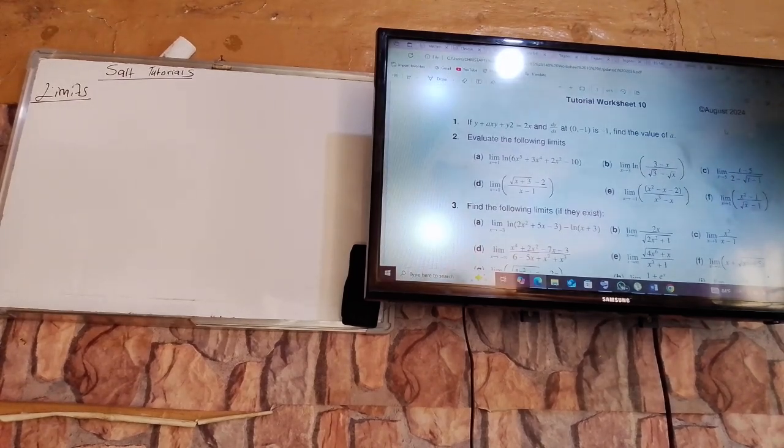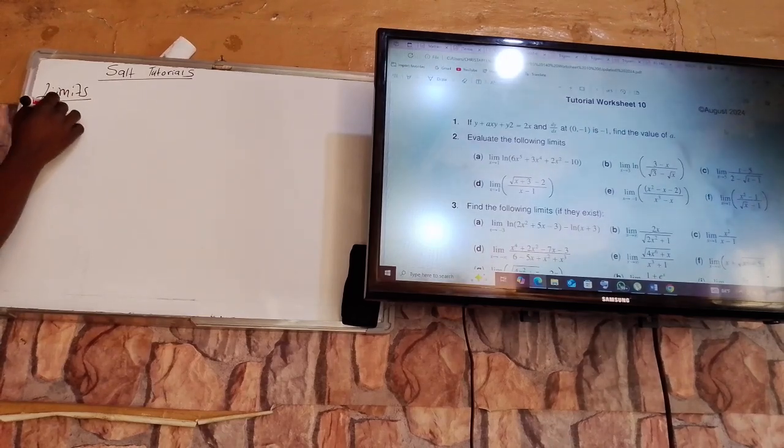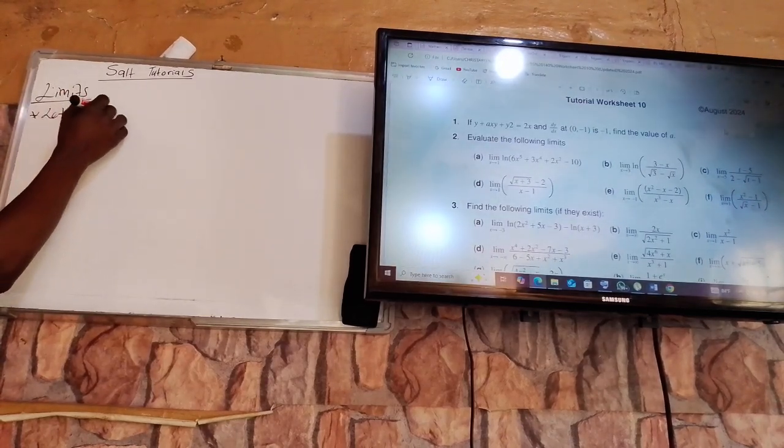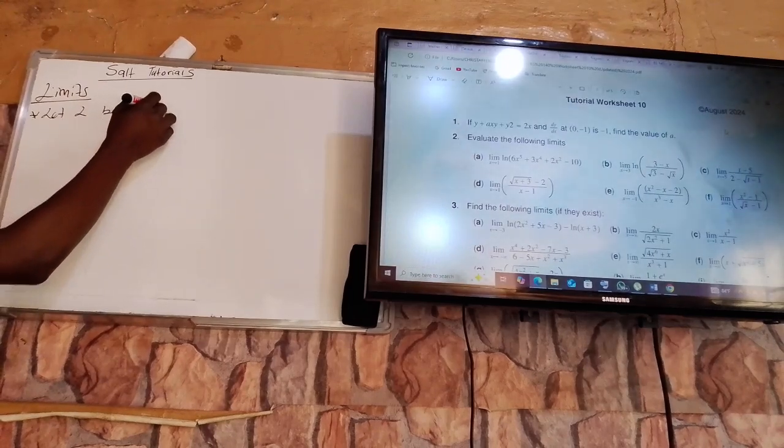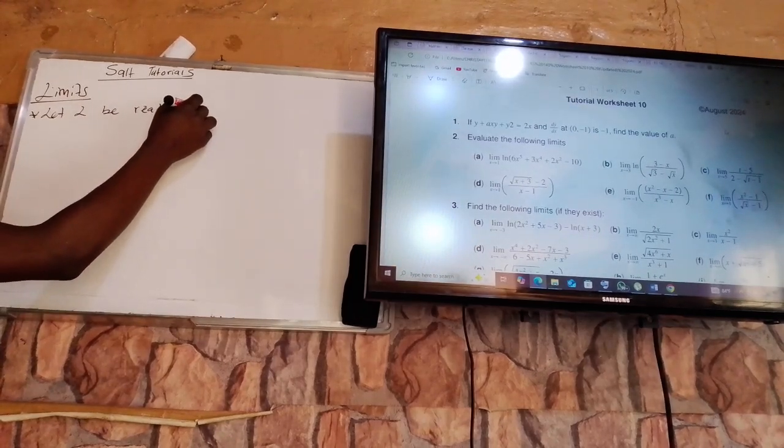I'm sure limits, in simple terms, we're just talking about us basically approaching a certain value of x, and we'll be able to look at what the whole function basically approaches. So in understanding limits, we're trying to define a limit as follows.